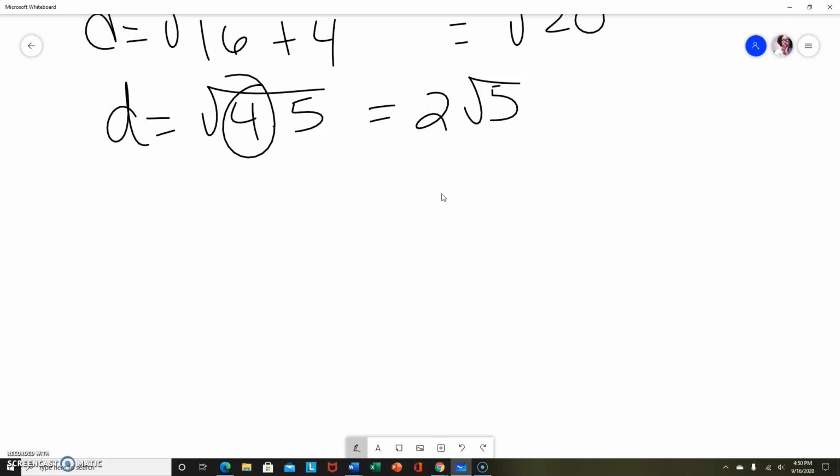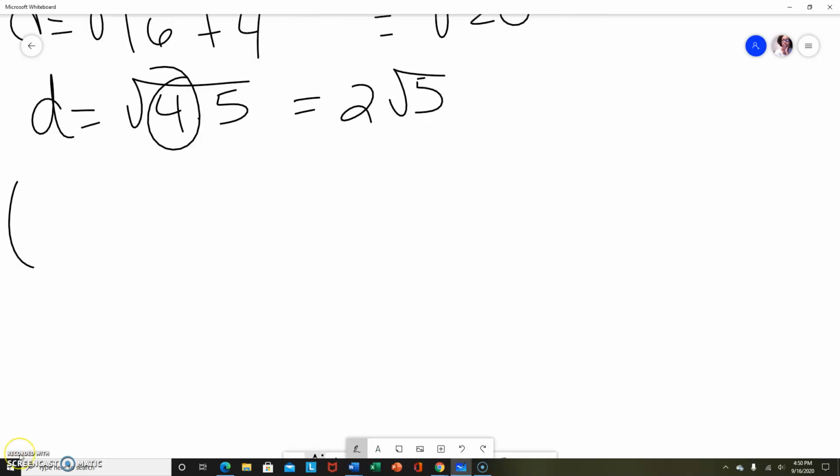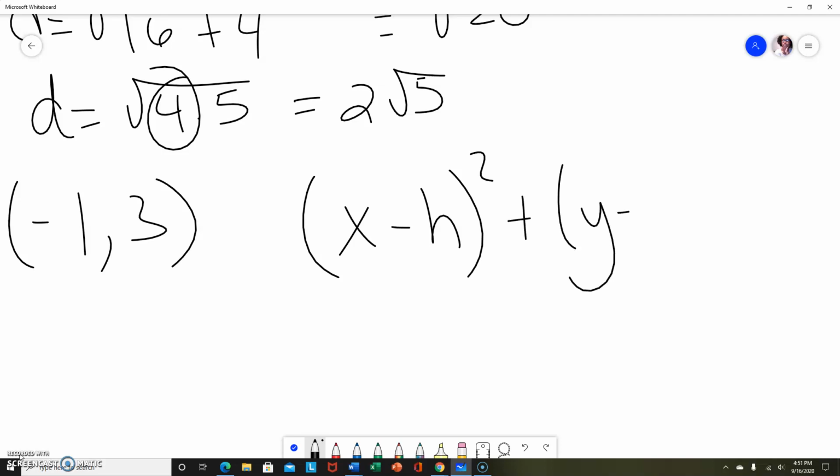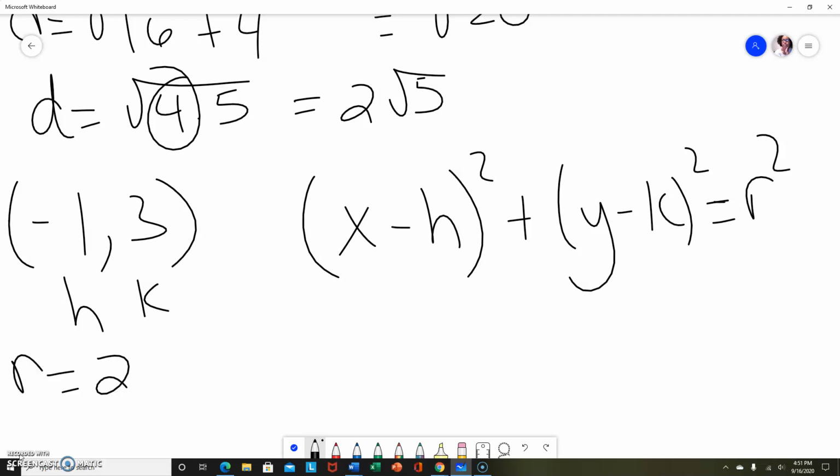So we have our center, which is at (-1, 3), and our formula, which is (x - h)² + (y - k)² = r². We have our h and our k here, and our r is equal to 2√5, so we can just plug in those values now.